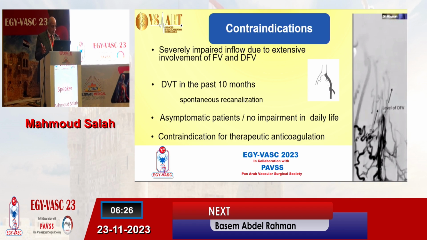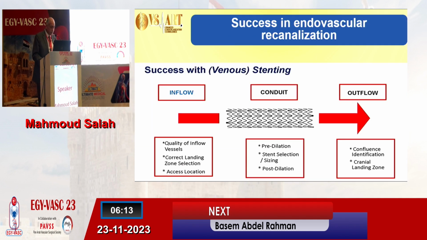If the patient is asymptomatic or has any contraindication to therapeutic anticoagulation, it's not wise to interfere with endovascular recanalization. The success of endovascular recanalization depends on the inflow, conduit, and outflow.